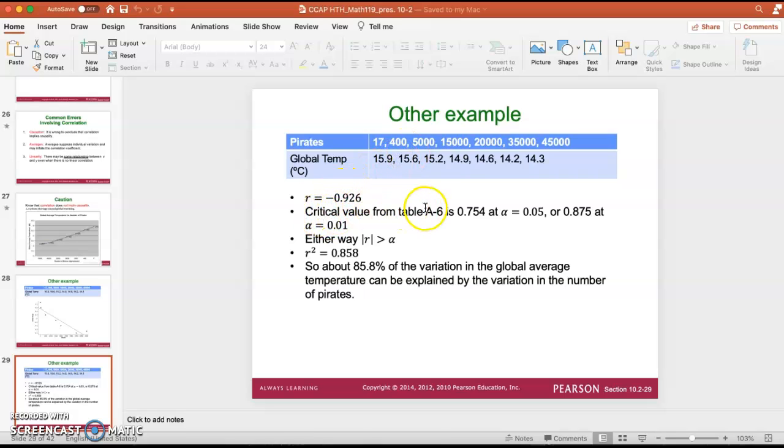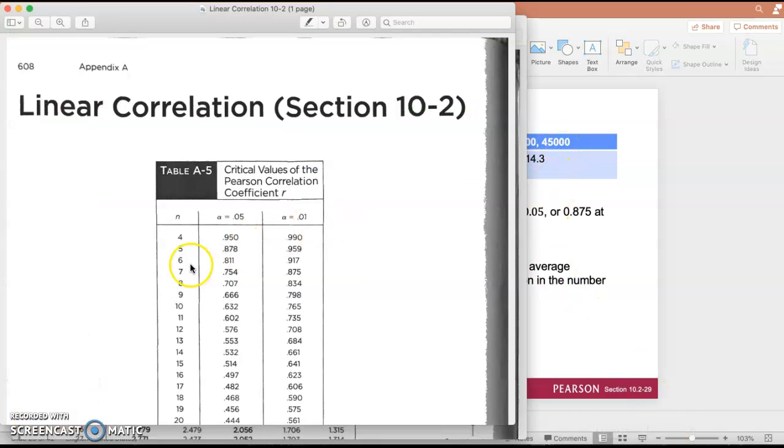And the critical value in table A-6 for this case is 0.754 at 0.05 significance level because I've got 7 pairs of data here. So when I look at the table, I look under sample size of 7. So I got a critical value of 0.754 at a 0.05 significance level. At a 0.01 significance level, I've got a critical value of 0.875.